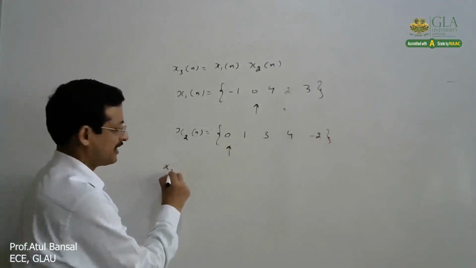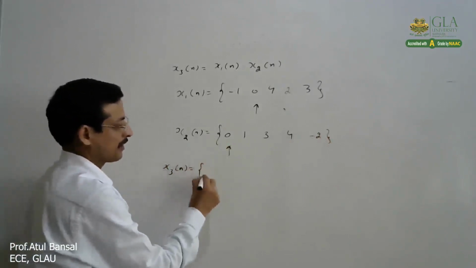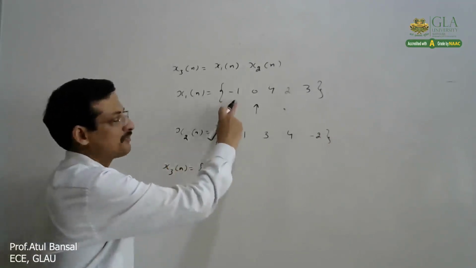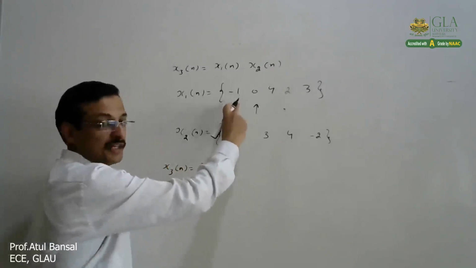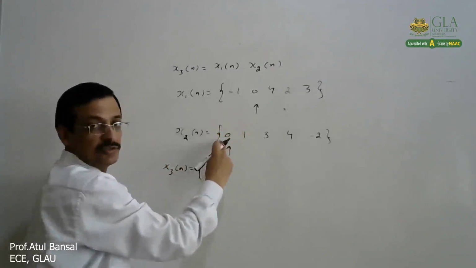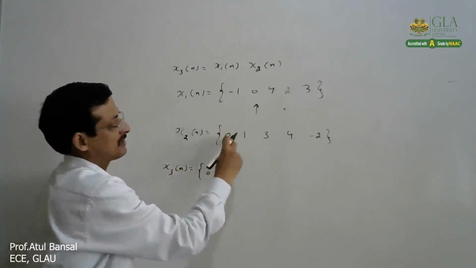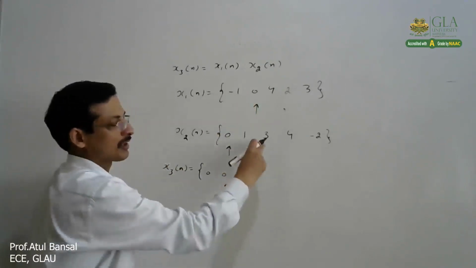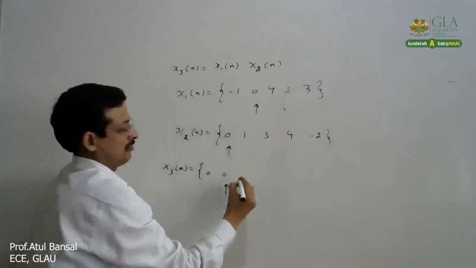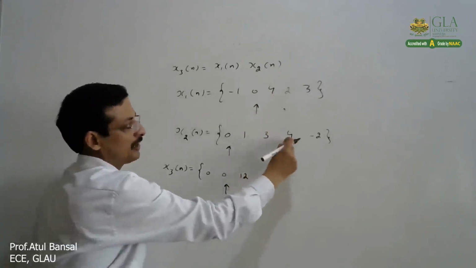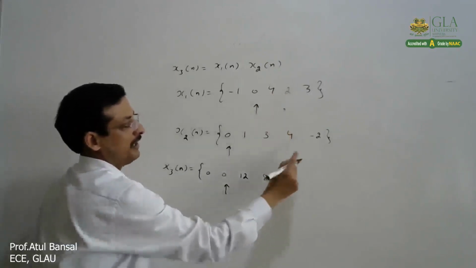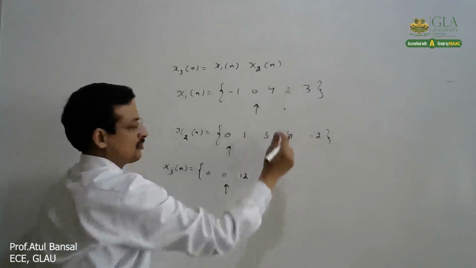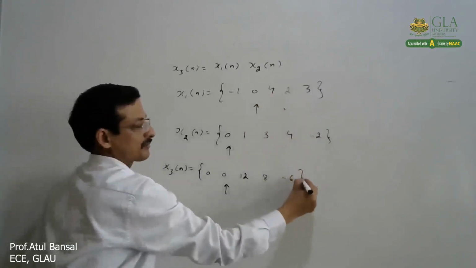Now what would be x3, multiplying at every instant? This is at minus 1. At minus 1, magnitude is minus 1, but at this minus 1, magnitude is 0. At 0, this is 0, this is also 0. So 0 into 0 is 0. At 1, 3 into 4, 12. At 2, 4 into 2, 8. At 3, minus 2 into 3, minus 6.